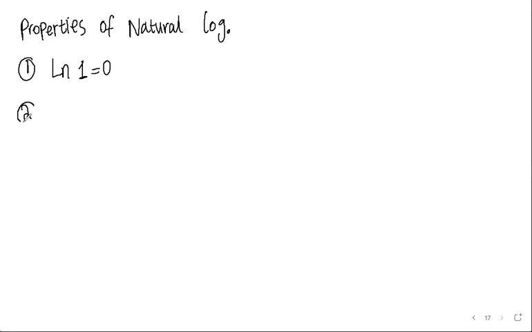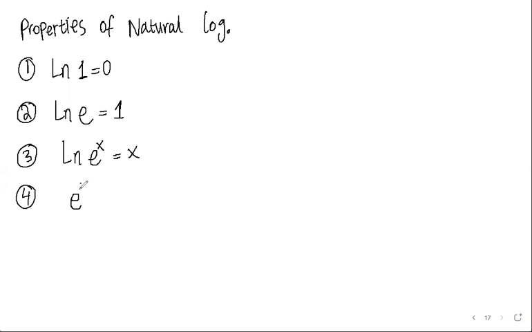Number 2, ln of this number e is equal to 1. Number 3, ln of e to the power x is equal to x. And number 4, e to the ln x equals x.